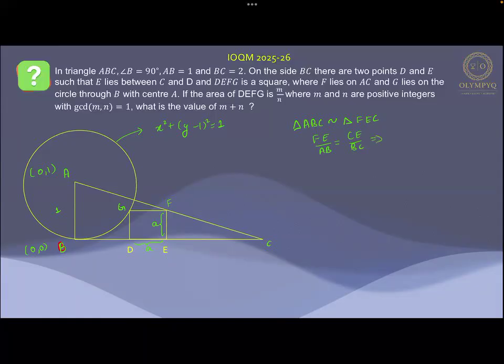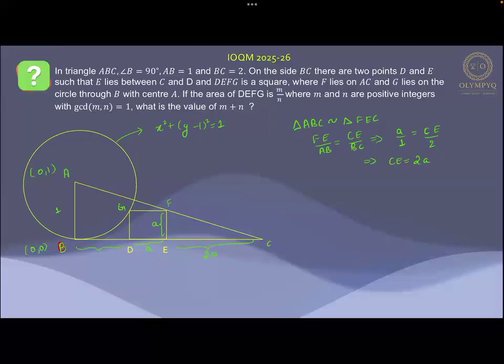FE is a, AB is 1, CE is what we want, and BC is 2. So CE is equal to 2a. This length is 2a.